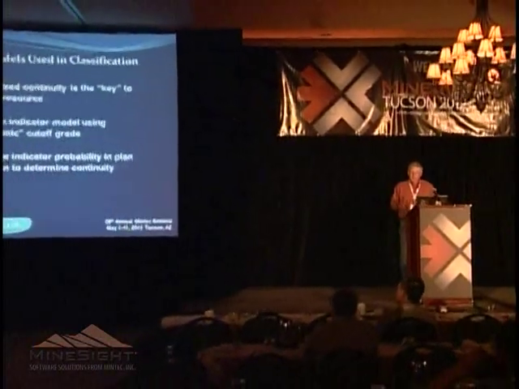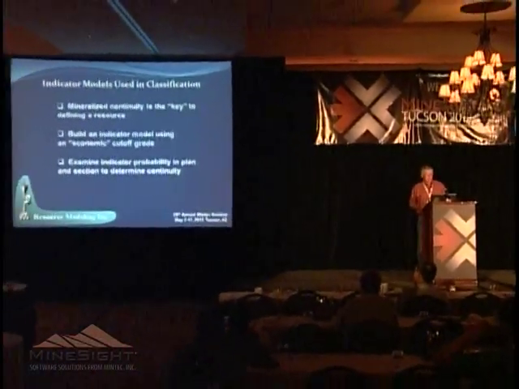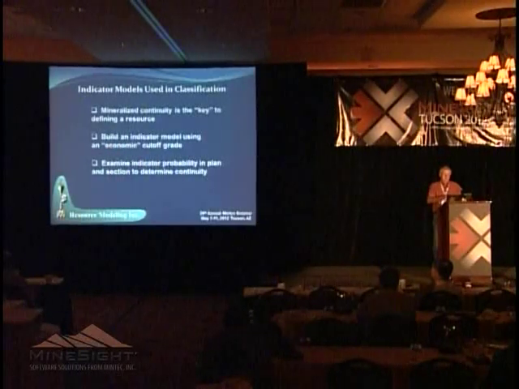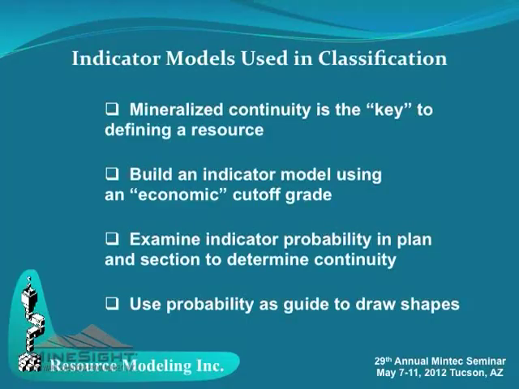Then what I do, after I've constructed that indicator model, is I'll walk through it in section and plan and look at that probability cloud to find, is there some probability where the deposit is really starting to show good continuity. And as a rule of thumb, I would require a probability level of at least 50% before I would feel comfortable in saying this is really demonstrating mineralized continuity.